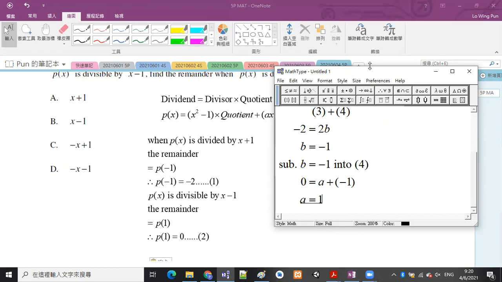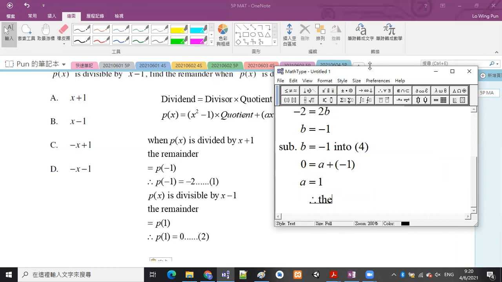So what is the remainder? The question asks to find the remainder. And our remainder is ax plus b. Now we have found the values of a and b, so we can write down the remainder. That is the answer.